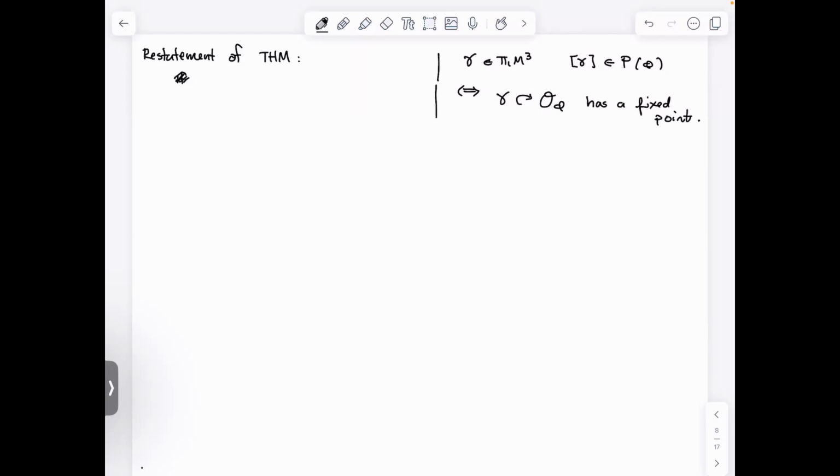Okay, so with this observation of how to translate this, I can now restate the theorem. So this is the Barthelme, Frankel, myself theorem.